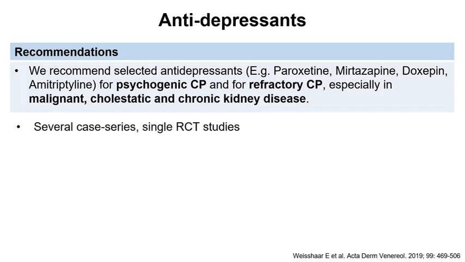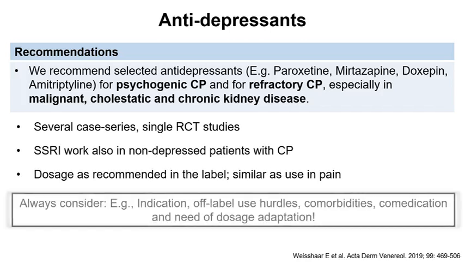And here we have some randomized controlled studies, for example, for paroxetine or sertraline. And they work also in non-depressed patients. There's one analysis demonstrating that in non-depressed patients for control of itching.